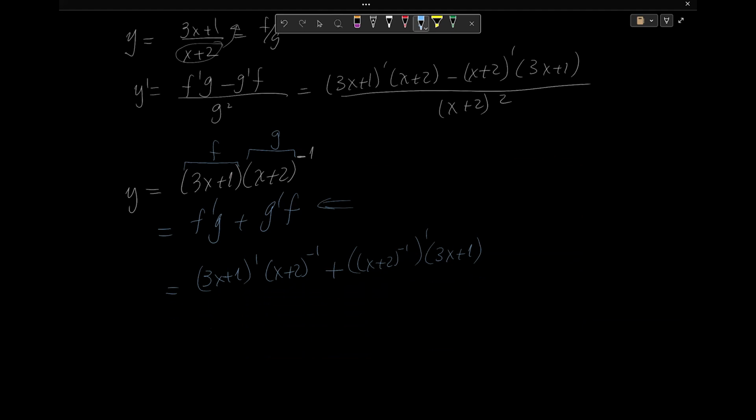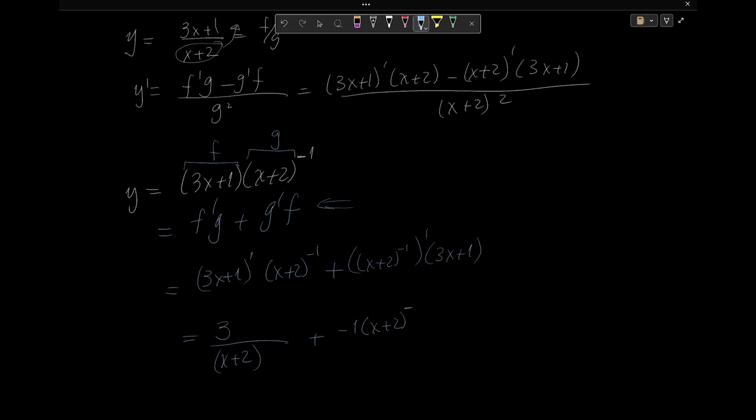All right? So this is again prime. 3x plus 1, its derivative is 3. X plus 2 to the negative 1. Let's just put it over x plus 2, plus the derivative of x plus 2 to the negative 1. Again, something to a power. We drop the power.